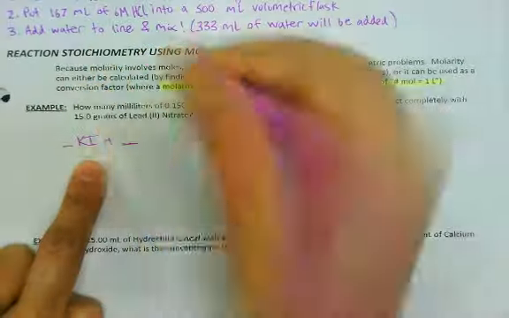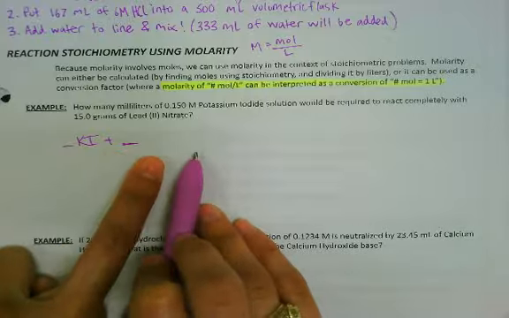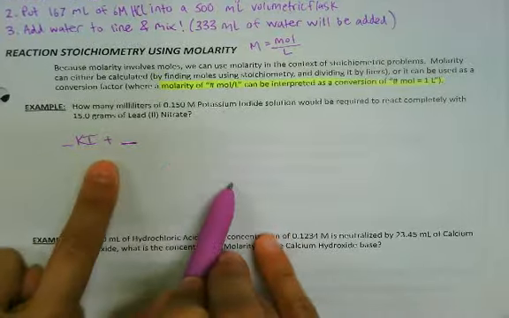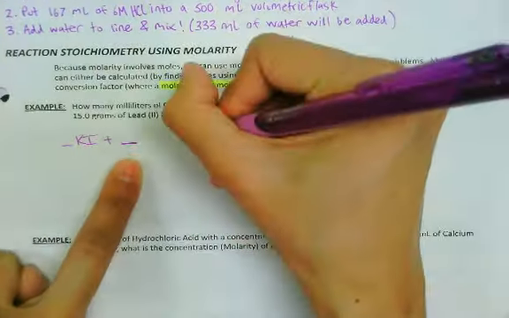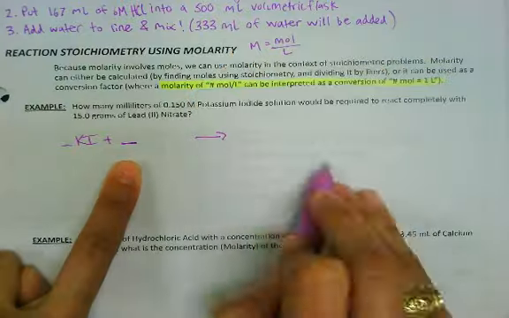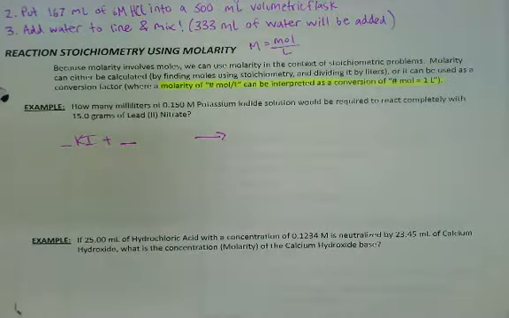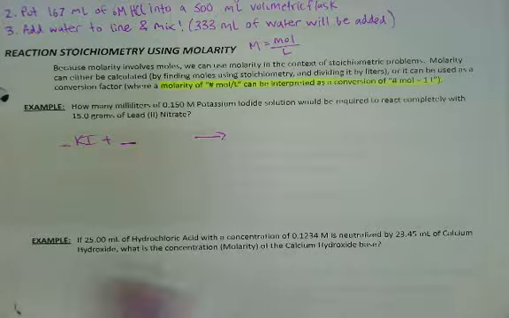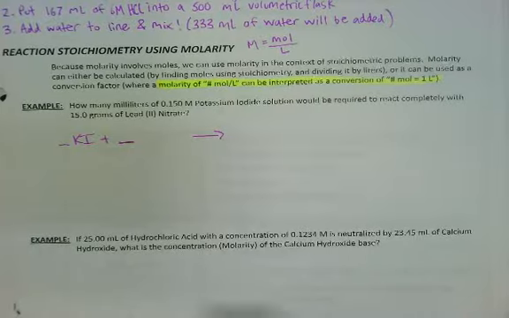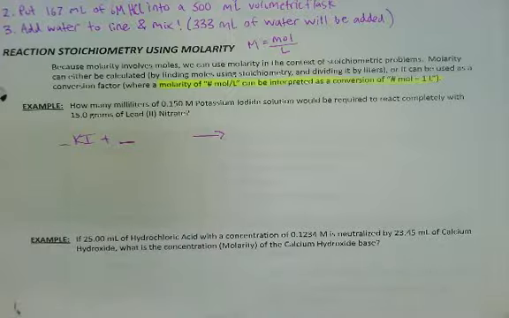I want you to write out the formula for lead-2 nitrate. I'm leaving space so we can balance it at the end. I want you to write the formula for lead-2 nitrate, and then I want you to write the products. So go ahead and do that. If you get bored, you can write the neutralization reaction down here too before we talk about this. Or you can try and puzzle it out yourself if you get ahead. But first, write that equation and balance it.